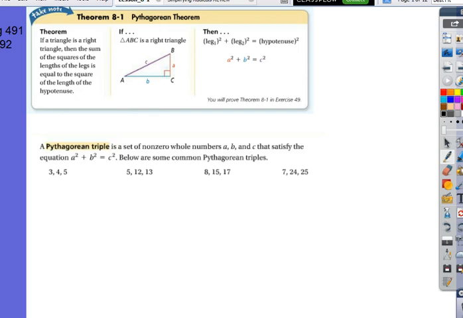All right, so in a situation where you have a right triangle and the Pythagorean theorem applies, we've noticed that there are patterns of numbers that are sides of a triangle that make a right triangle. So for example, if I took 3 and squared it, and added it to 4 squared, that would equal 5 squared, because 9 plus 16 is equal to 25 is a true statement.